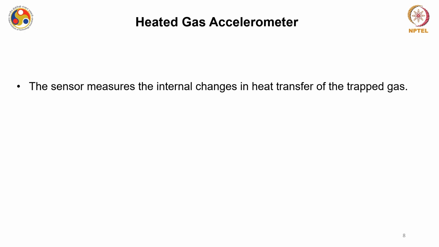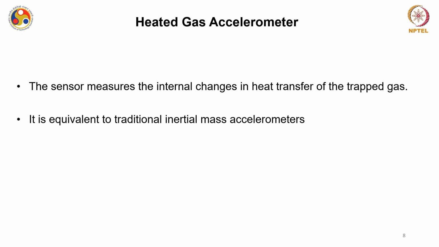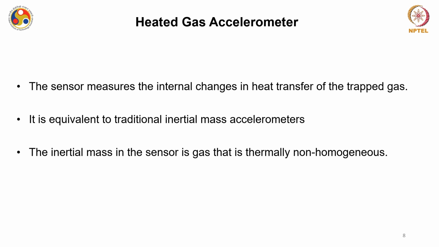The sensor measures the internal changes in the heat transfer of the trapped gases, and these gases I have just mentioned are low thermal conductivity gases. It is equivalent to a traditional inertial mass accelerometer, except that you are using these gases themselves as a proof mass.